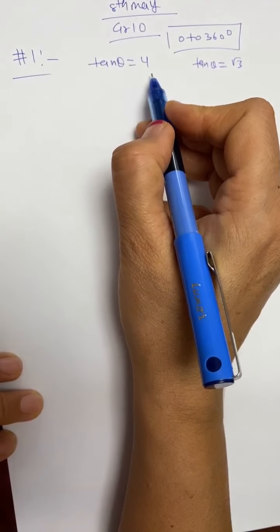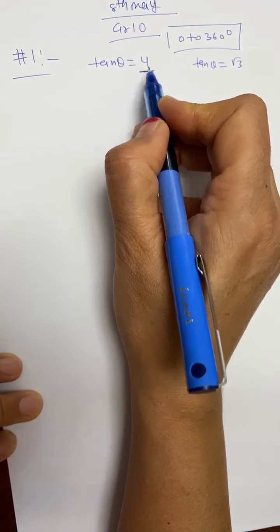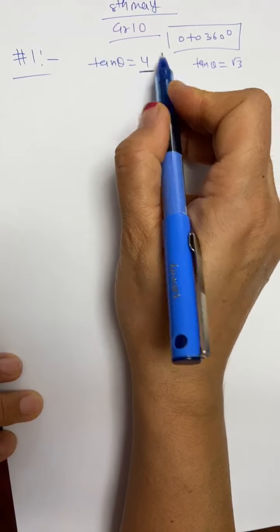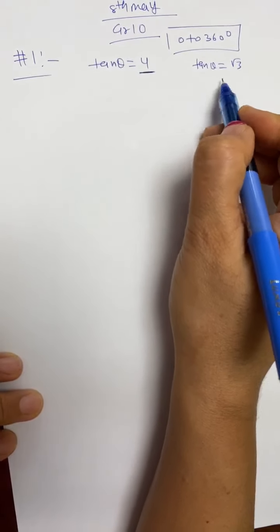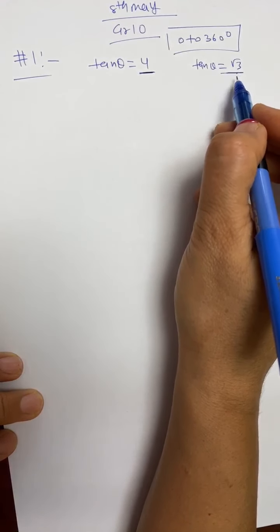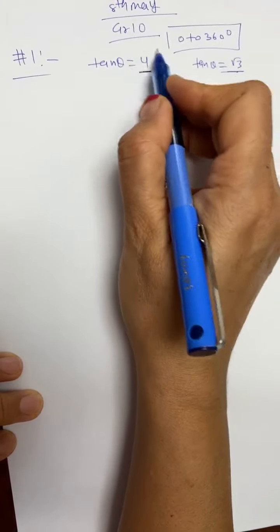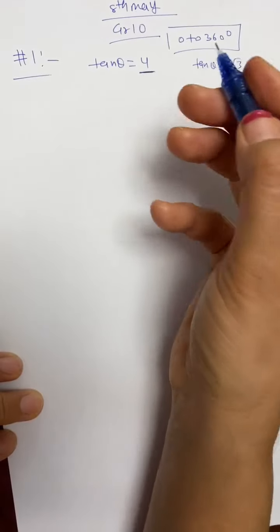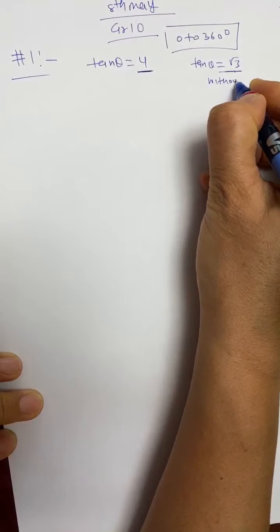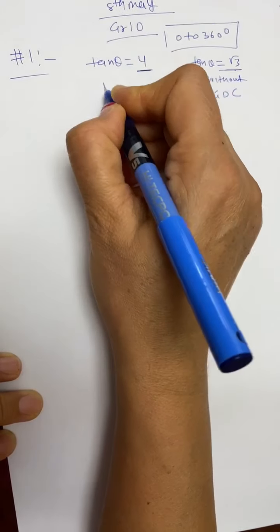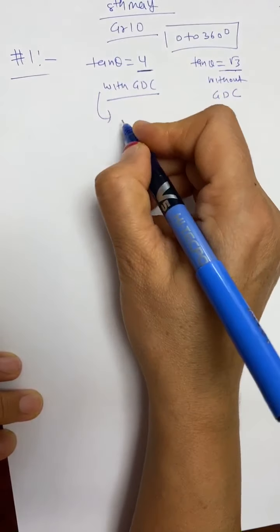There's a major difference, because tan theta equal to 4 does not correspond to any of the common values in the table for 0, 30, 45, 60 and 90, whereas tan theta equal to square root of 3 corresponds to 60 degrees. So that one is without GDC, from the table, and this one you have to use GDC.